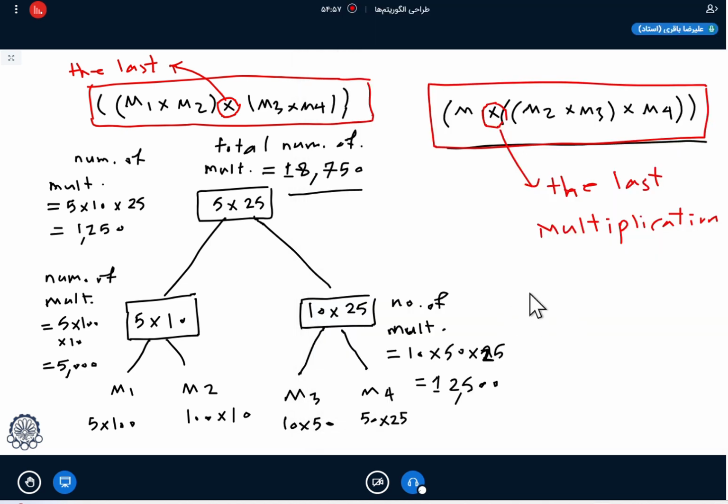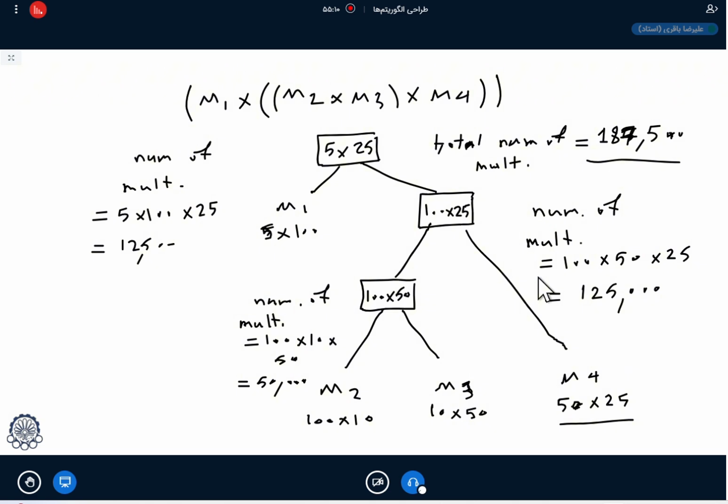Allah Shalif is asking a question. Your question is about what slide? Slide 8.